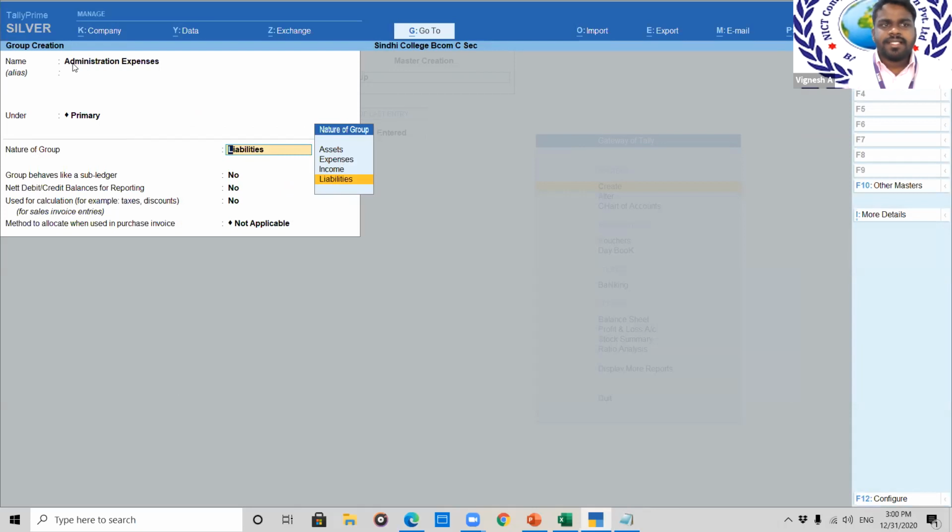Since I have given administration expenses as the title, it will fall under the expenses group. You can see it asks, does it affect your gross profit? Will your indirect expenses affect your gross profit?